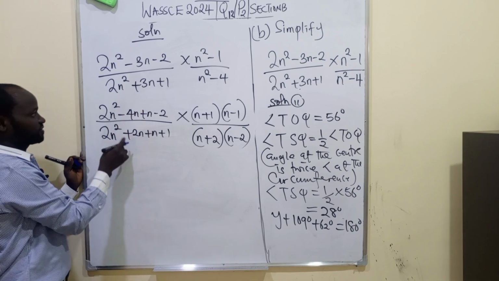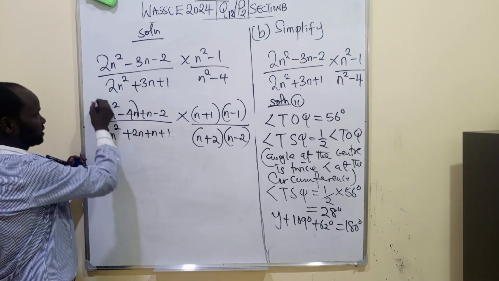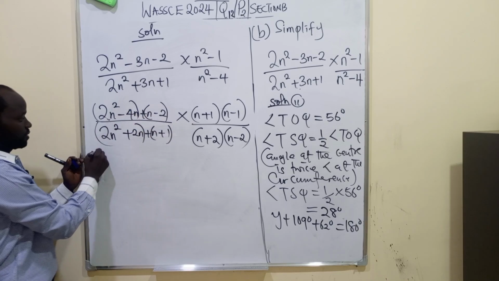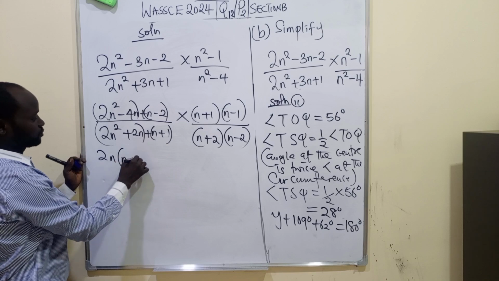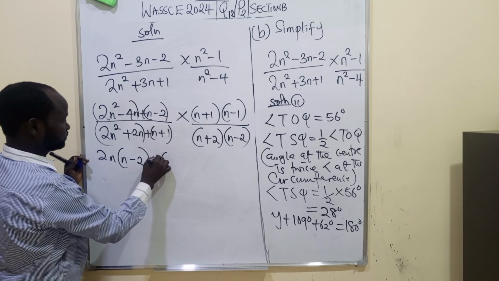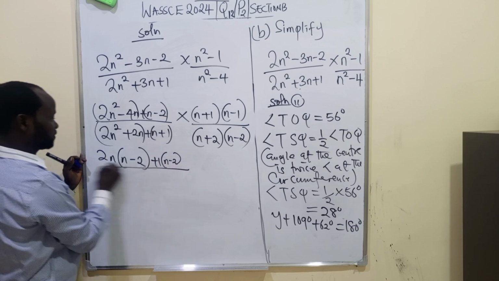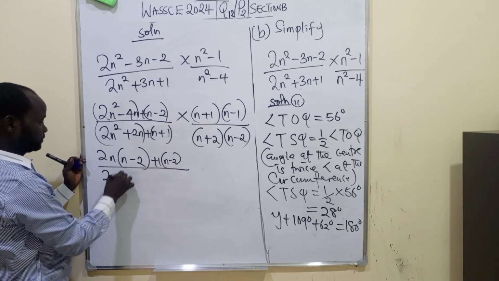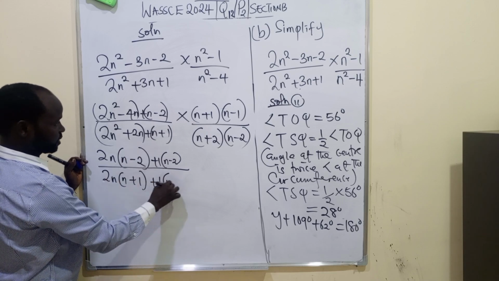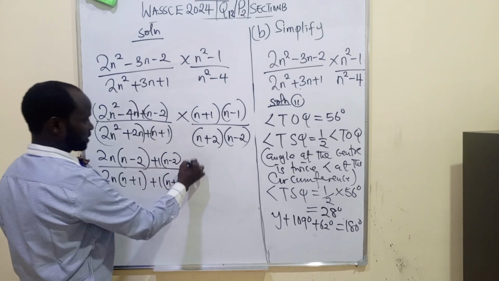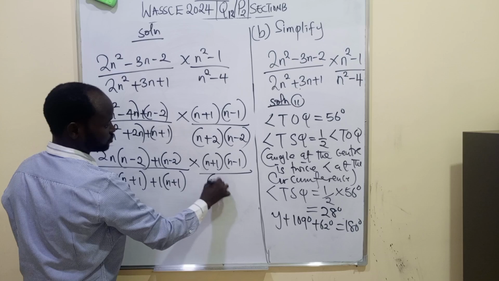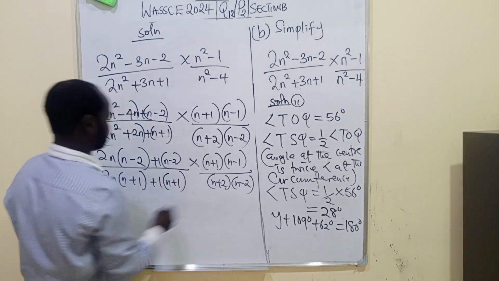Okay, so let's factorize this. We can group this like this and factor out what is common. What is common here is 2n into n minus 2, and here, plus 1 into n minus 2, divided by 2n into n plus 1 that's common, plus 1 into n plus 1, times n plus 1, n minus 1 divided by n plus 2, n minus 2.